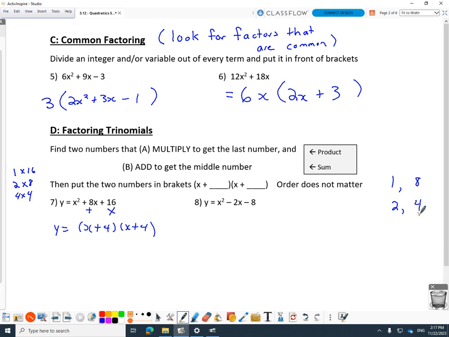Our job is to make the negatives work out. One of these numbers has got to be negative to multiply to negative 8. No way 1 and 8 can add or subtract to give negative 2, but 2 and 4 can, if I put the negative in the right spot. So it's either negative 2 and positive 4, or 2 and negative 4. Those multiply to negative 8. Which of these pairs adds to negative 2, though?